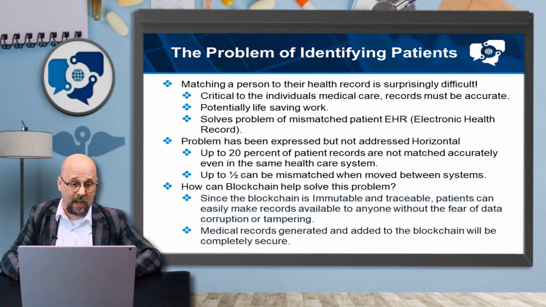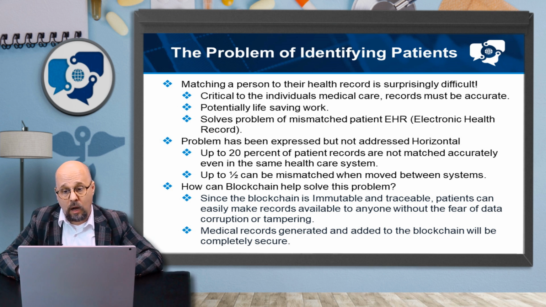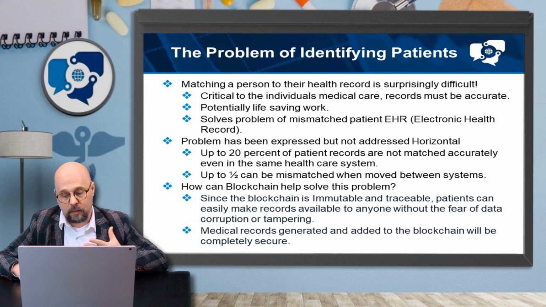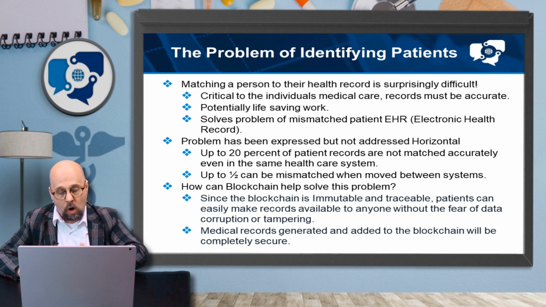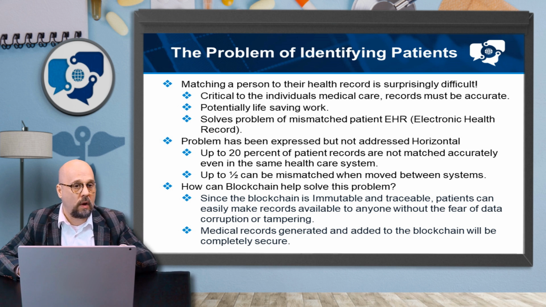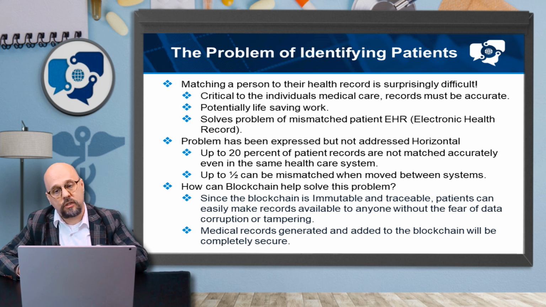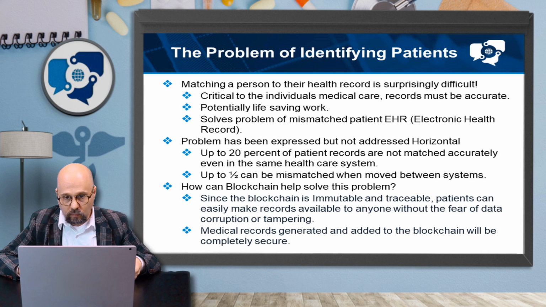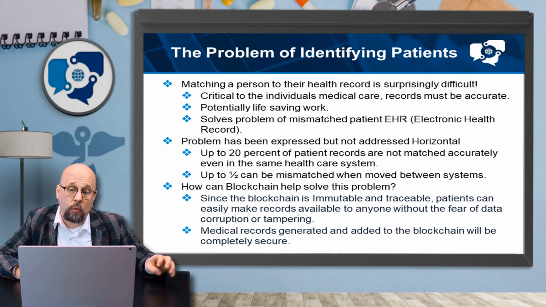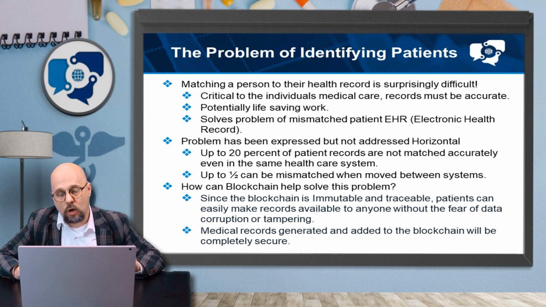So how can a blockchain help solve these problems? A blockchain is immutable, meaning that the data never changes. We're going to show you how that works as we go through the blockchain ledgers and the different architecture of a blockchain, and we'll show you how the hashes work and how these hashes tie the blocks together. We'll also talk about traceability, and how we can track and trace all transactions all the way back to zero.